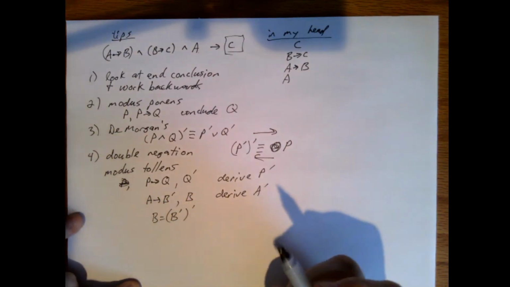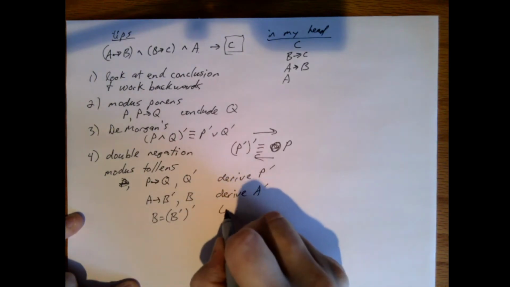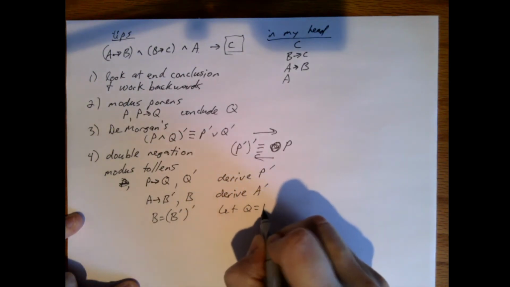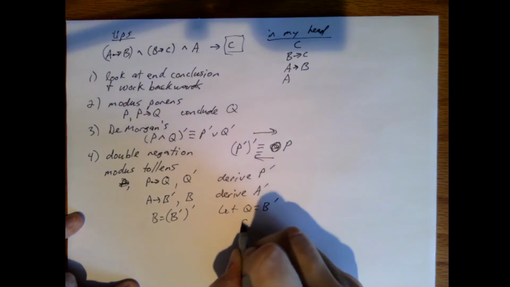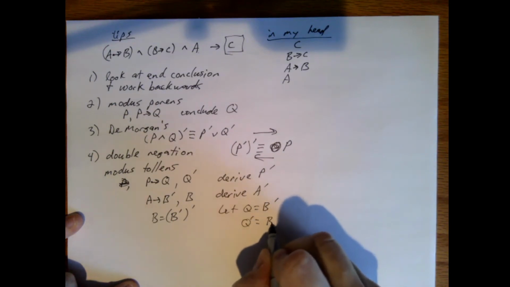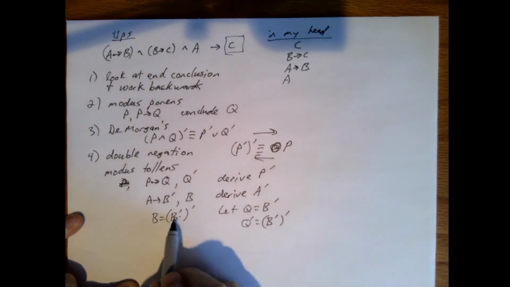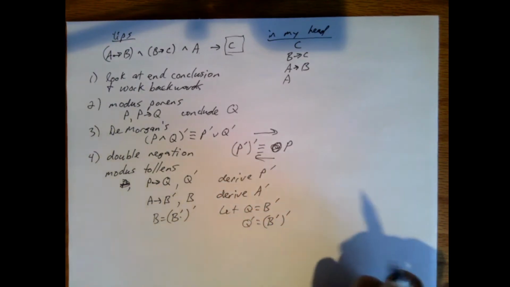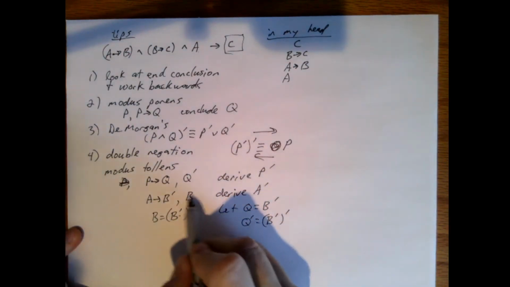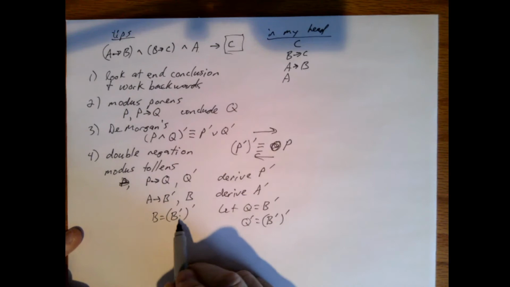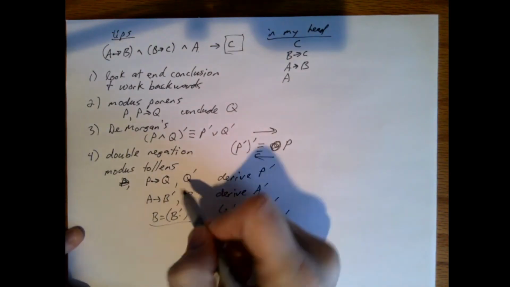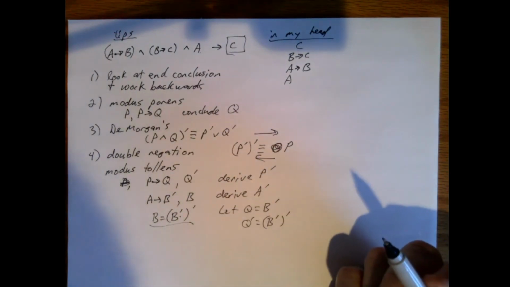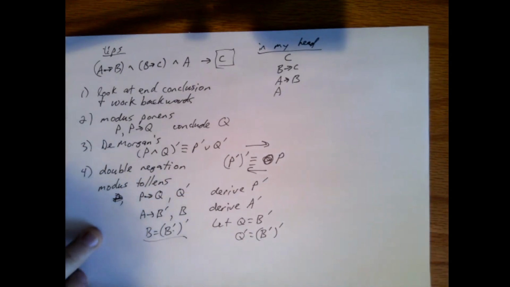If I let Q equal B not, then Q prime is B not. That's what I have here. That's what my B is. So sometimes you have to rewrite it in terms of this, so then it matches the pattern. That's the way I often think about those things.